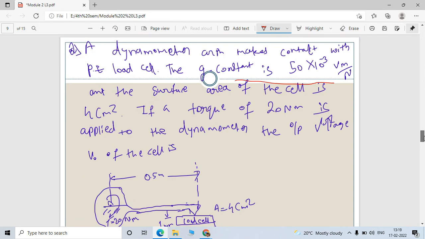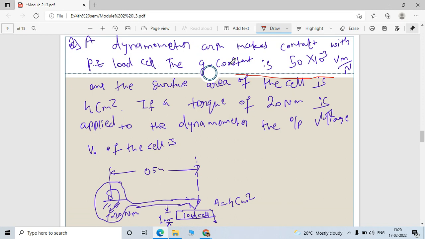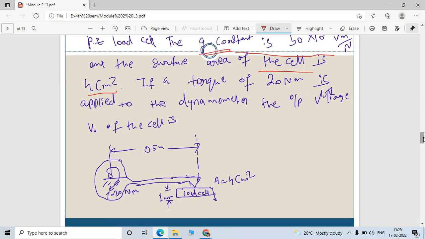This is your G, which is already mentioned in this question, and the surface area of the cell is 4 centimeter square. So convert all units to meter square. And if the torque applied to the dynamometer is 20 Newton meter, then the output voltage V naught of the cell.